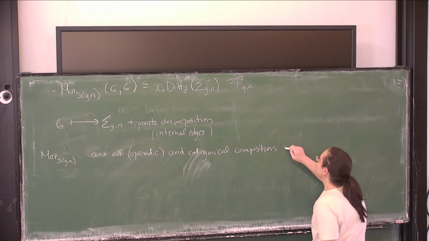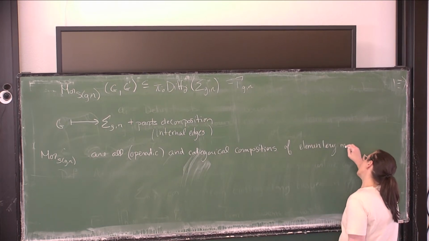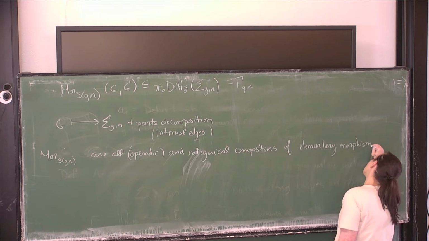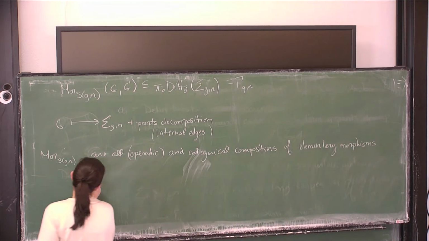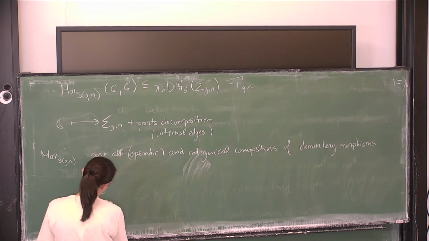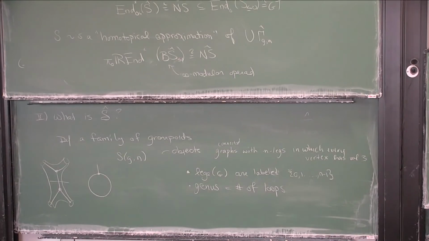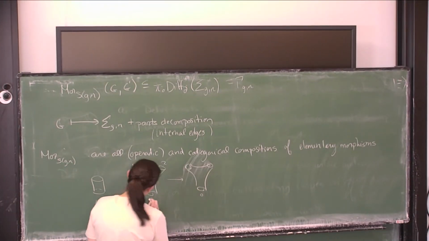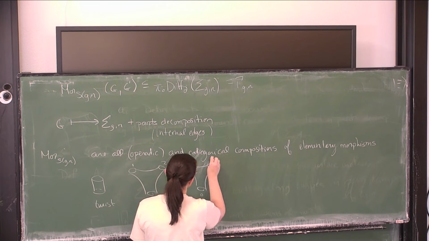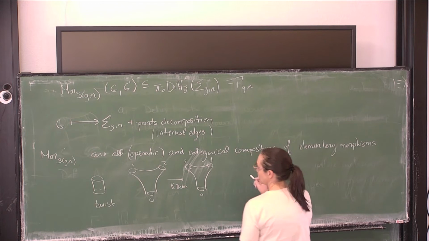They're all compositions of sort of elementary morphisms. And so there's the Dehn twist on the boundary. There's a half Dehn twist around the boundary mark 0. Have to be a little bit careful to define that.